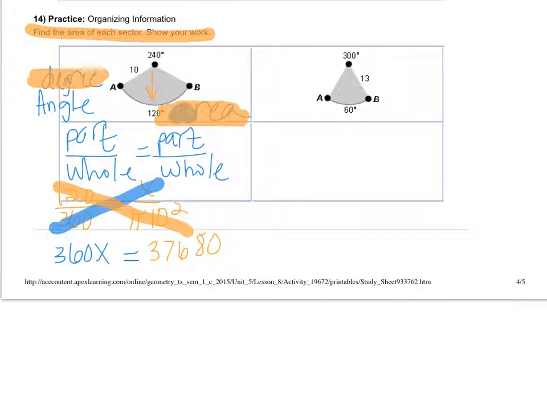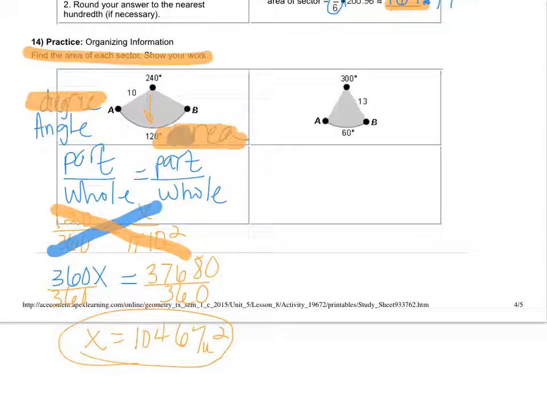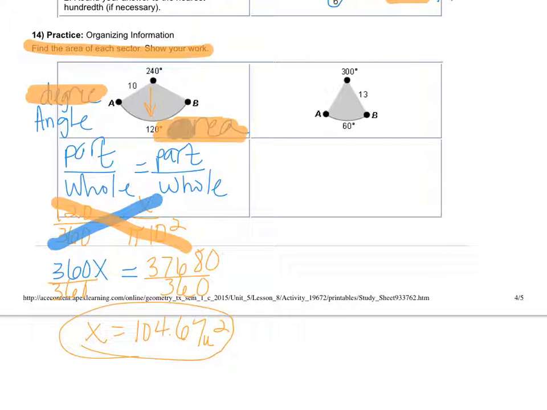And then the last step with solving a proportion is just to divide both sides by the coefficient with x. So in this case it's 360. So the sector area is 104.67.